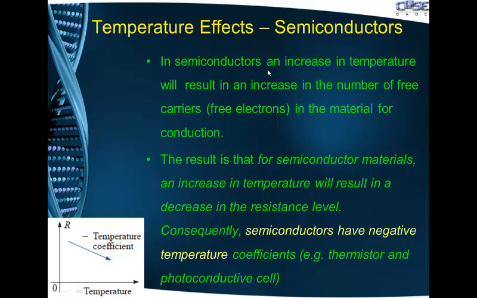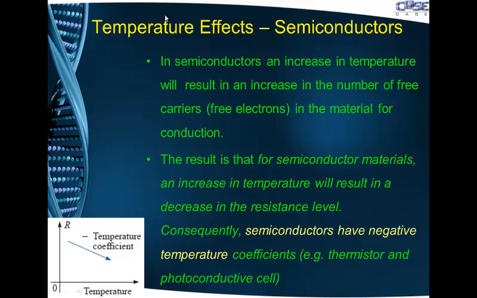In semiconductors, an increase in temperature will result in an increase in the number of free carriers in the material for conduction. So what happens is when you increase the temperature of a semiconductor, the number of electrons would increase. As the number of electrons increases, the current would start increasing, because the current is the number of electrons passing through a certain area per unit time.